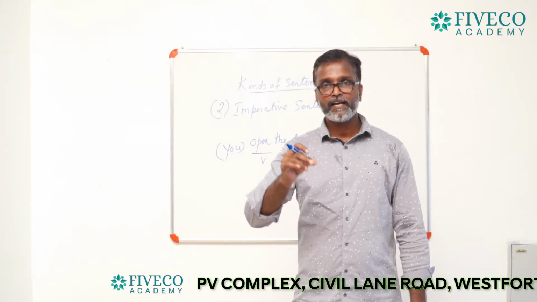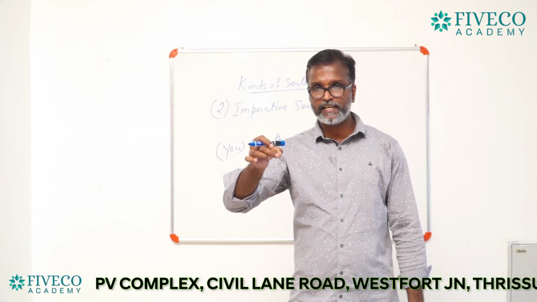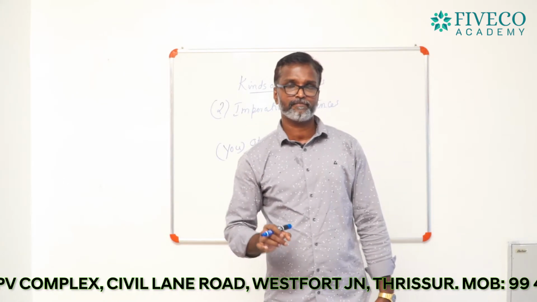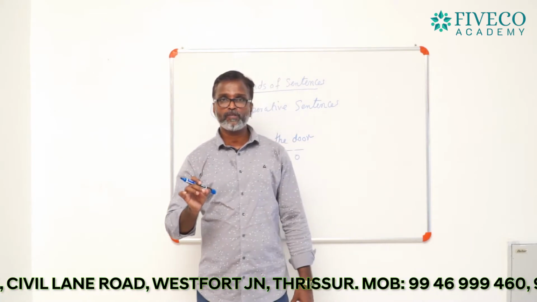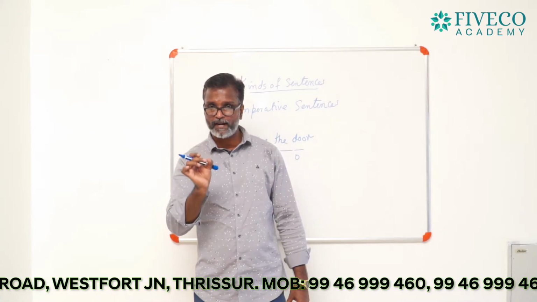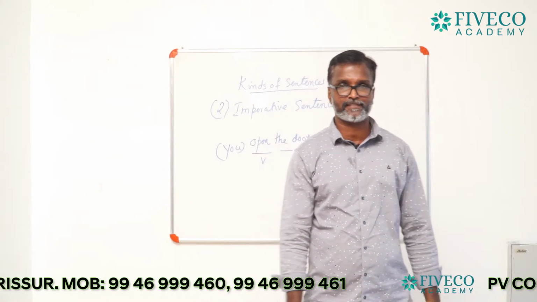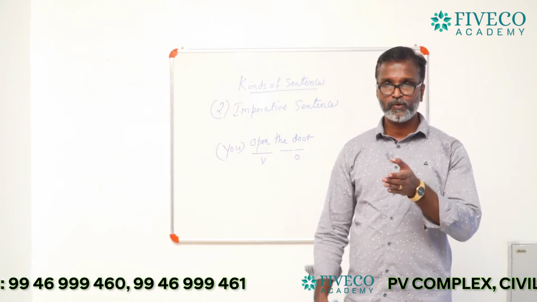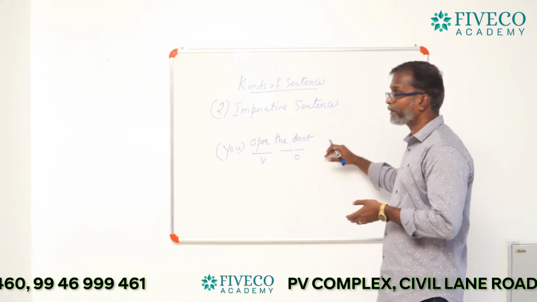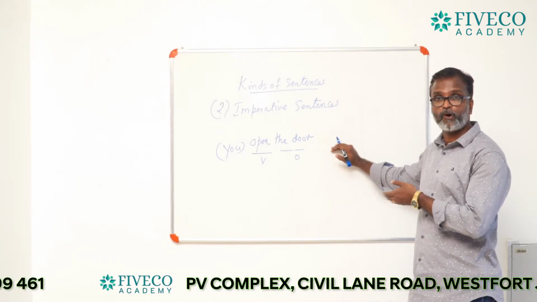So what I did, I specially mentioned one student in the class. And if you want to specially mention one person, you need to use you in an imperative sentence. You understand?